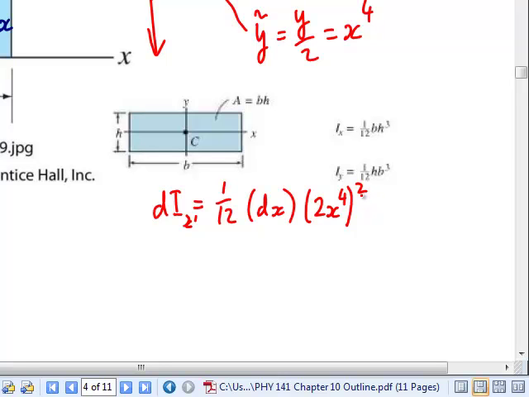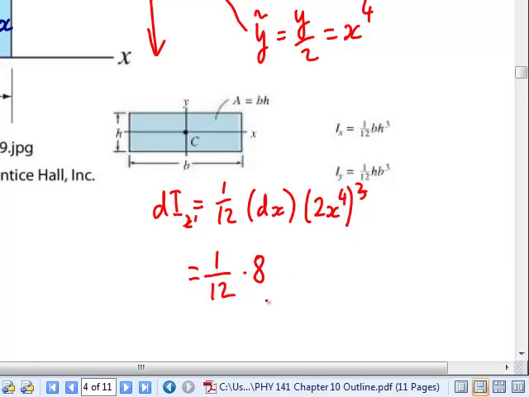Cubed. Thank you. Just seeing if you're paying attention. Okay, so we can simplify this then. This is going to be 1/12. 2 cubed is 8.